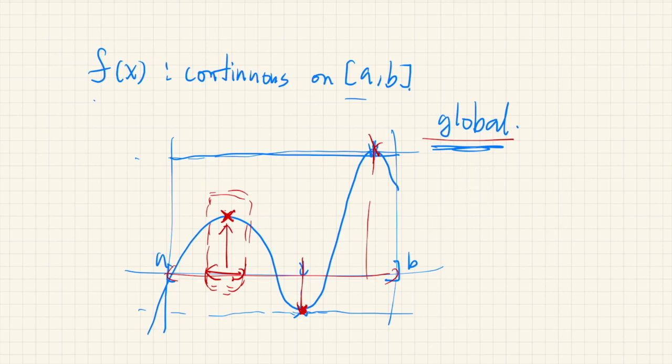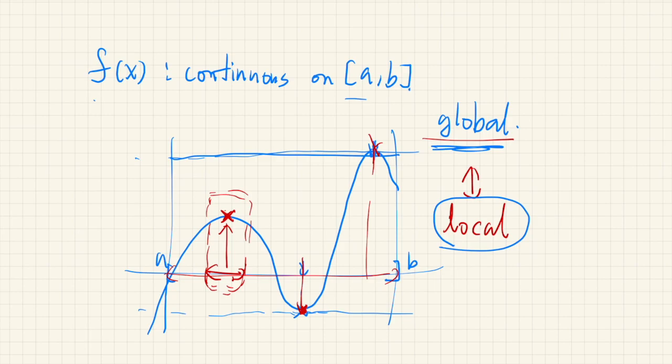So instead of finding global maximum or global minimum, we may find local minimum or local maximum points. And finding local extreme values, that means local maximum or local minimum, can be done by using differentiation or derivatives. Of course, we're assuming that the function is differentiable.